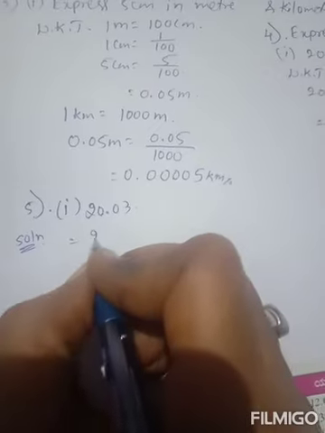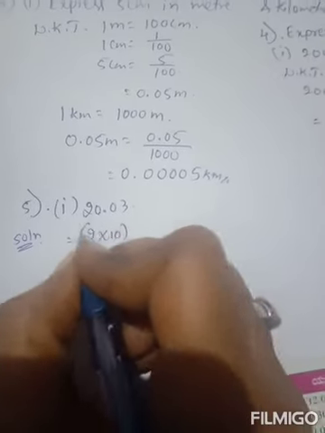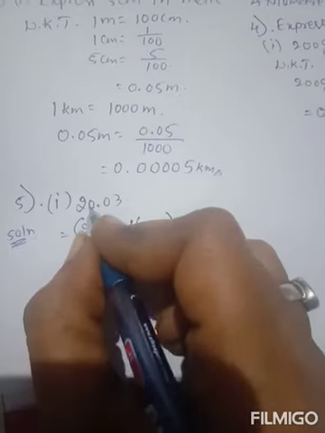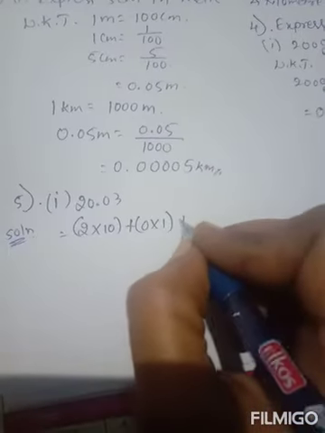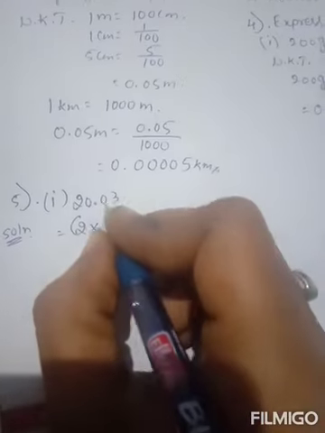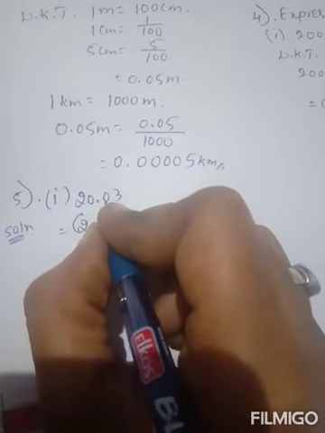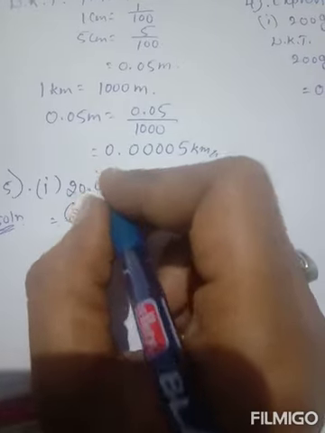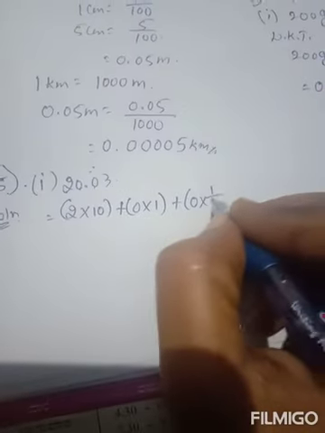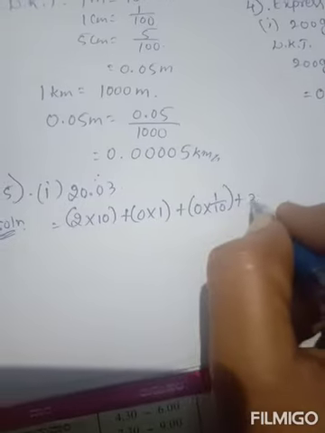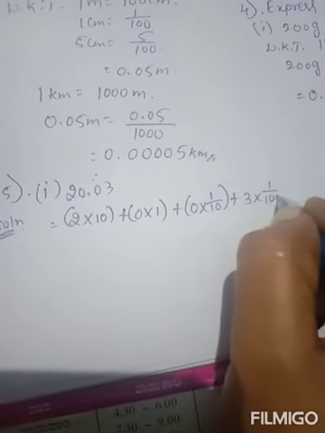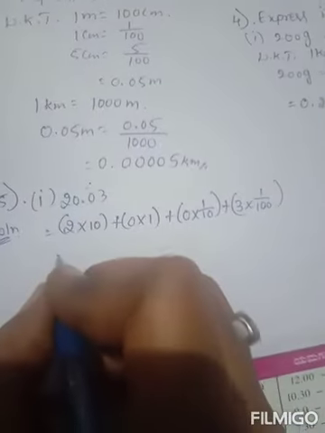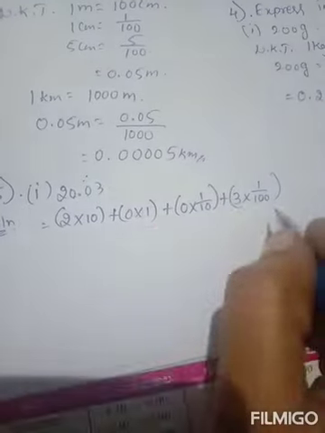So you can write 2 into 10 plus 0 into 1, that means 0 is in the ones place. Next, plus 0 into, this one is in the tenths place, I explained previously. It can be written as 1 by 10. 1 by 10 plus 3 into 1 by 100. This one is in the hundredths place. Then you can write like this.